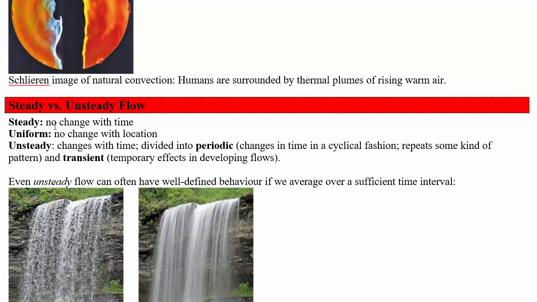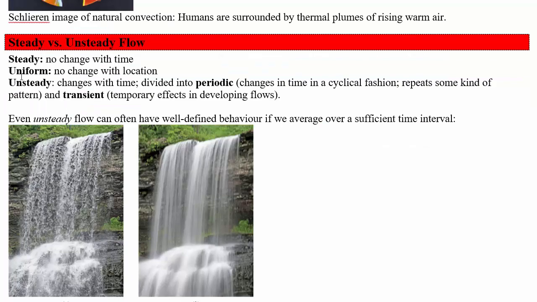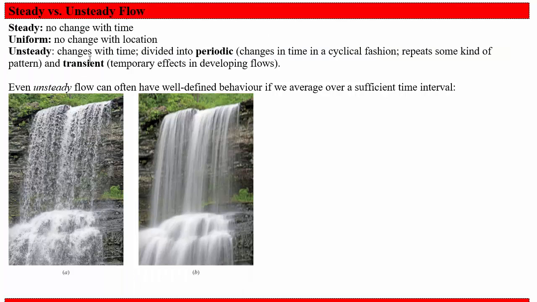Steady means that it doesn't change with time. Remember that uniform means it doesn't change with location. Unsteady means that it does change with time, divided into periodic and transient. If it's repeating itself, changes in a cyclical fashion, repeats some kind of pattern, then it would be periodic, unsteady.